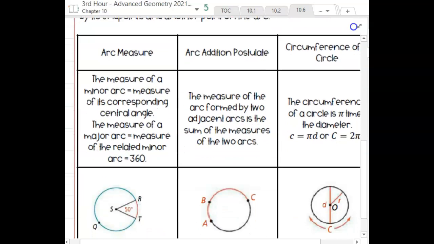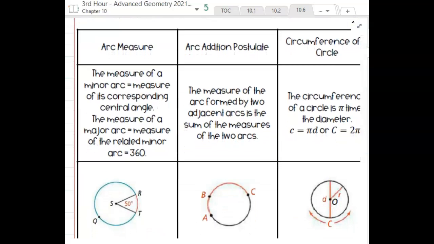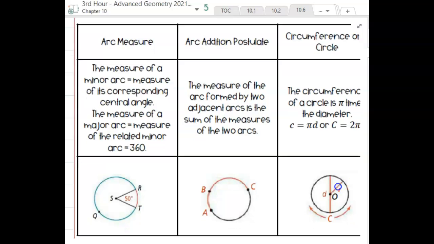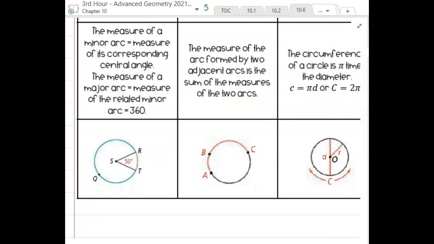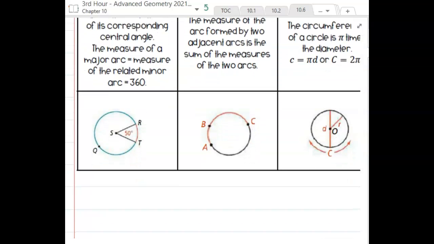All right, coming down here, a couple different things we're going to talk about today. When we talk about the arc measure, this idea is really pretty simple. If you're talking about a minor arc, an arc smaller than a semicircle, for example in this picture, I could talk about the minor arc RT.